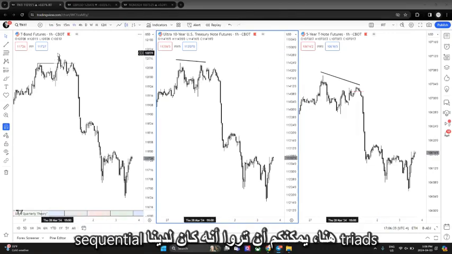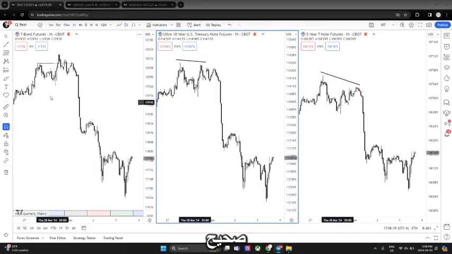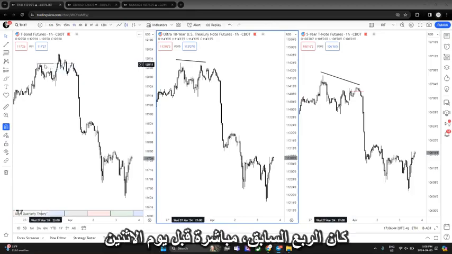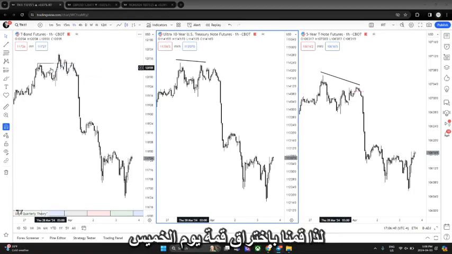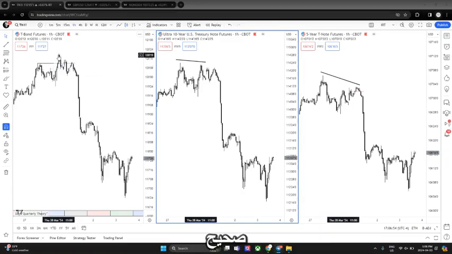Here you guys can see that we had sequential SMT between here, which was the previous quarter, right before Monday. So we ran out Thursday's high, right here.